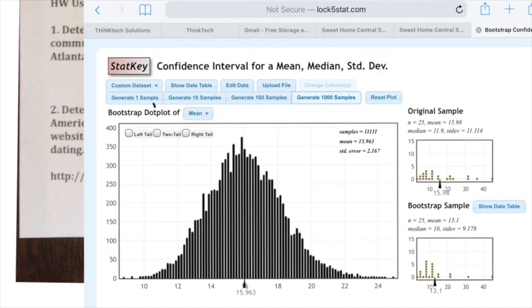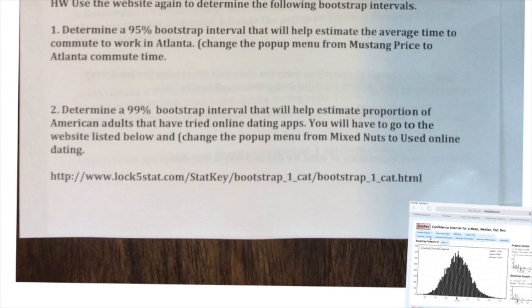For question number 2 on the homework, it has you switching to another website. It looks very, very similar to this one. But this website allows you to look at information that is involving proportions.